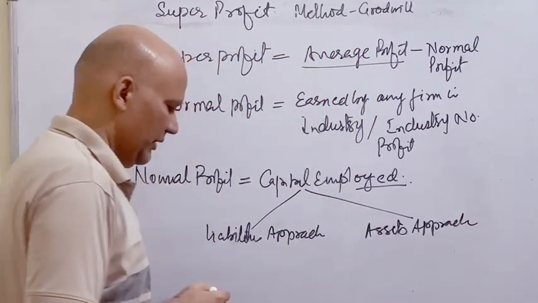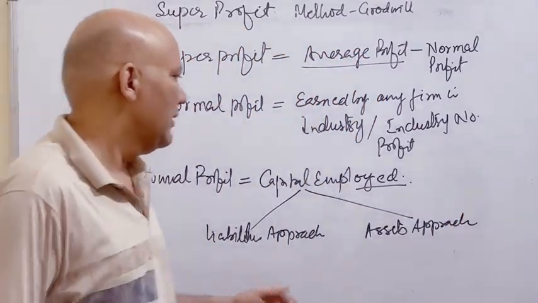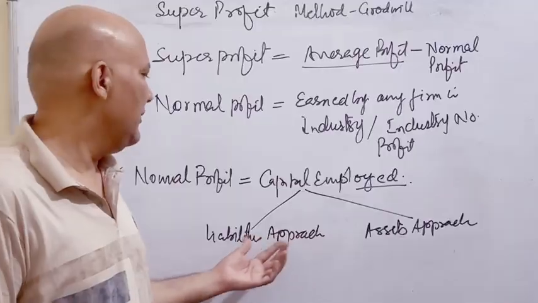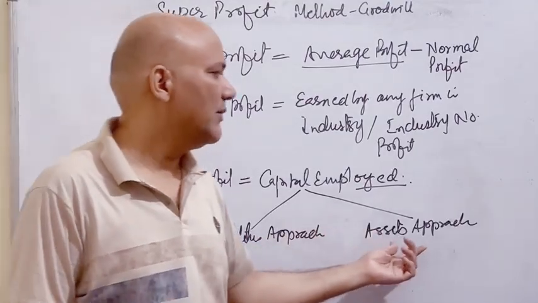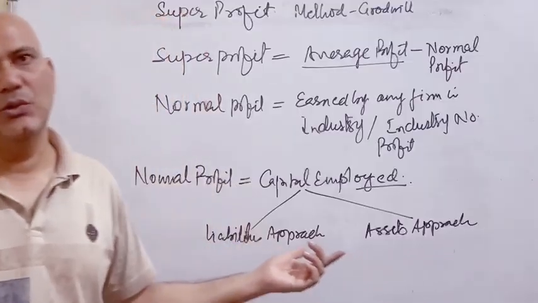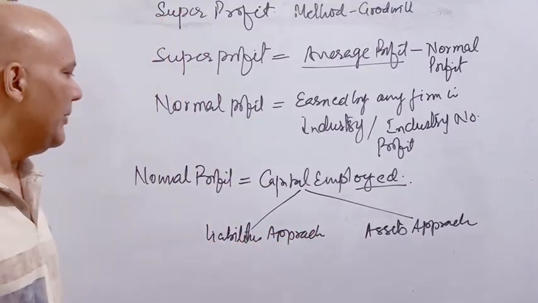The word seems a bit difficult, but it's nothing. On the basis of liabilities you can find the capital employed, and on the basis of the asset side in the balance sheet you can also find the capital employed.